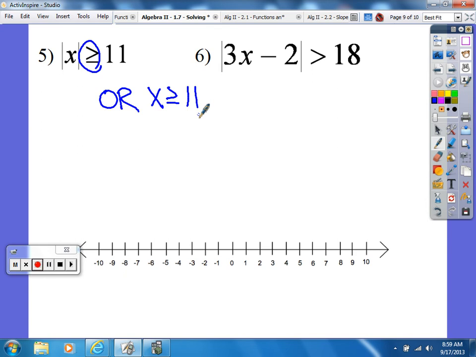On the left side, I rewrite the problem without the absolute value sign, but then I switch this sign and I change this number. So I switch the sign and I change the number. Does everybody see how I got that? Okay. I like to think of or as opposite, so opposite sign, opposite number, if that also helps.